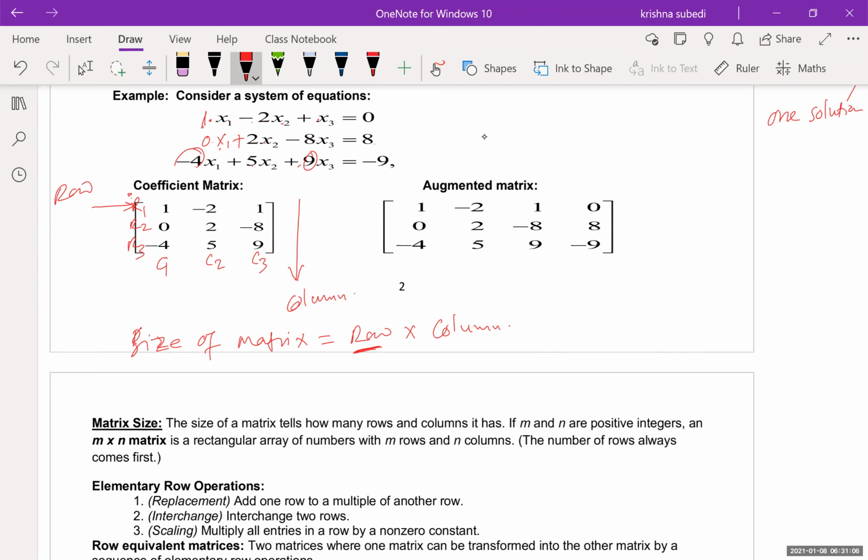So this is a 3 by 3 size matrix. Now, what is the size of the augmented matrix in this case? There are 3 rows and 4 columns. Therefore, the size of the matrix is 3 by 4. That's how we determine the size.